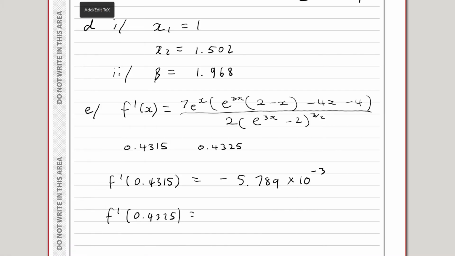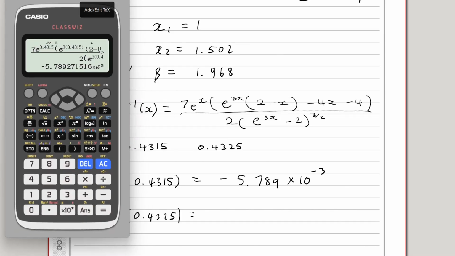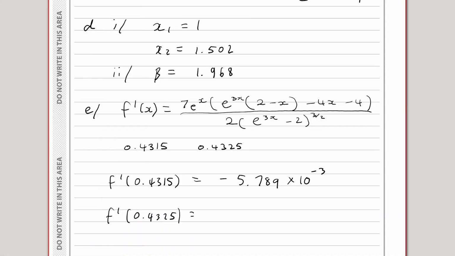And 0.4325, I should just be able to change them as I go. And I get 0.0183.